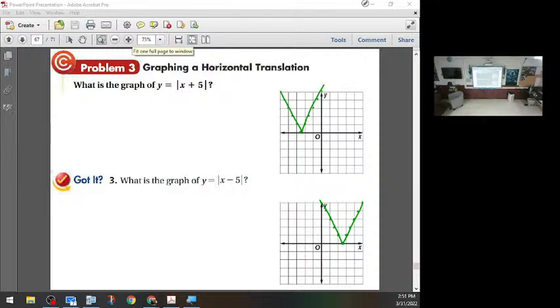It horizontally translates it 5 over. Okay, the number inside the absolute value will do a horizontal translation. Which way? The opposite.